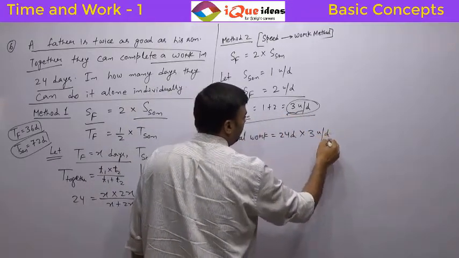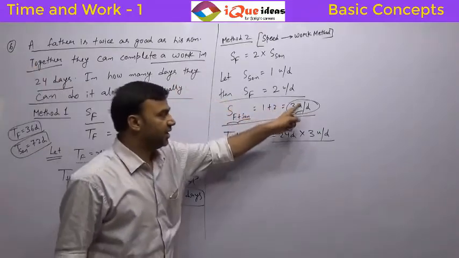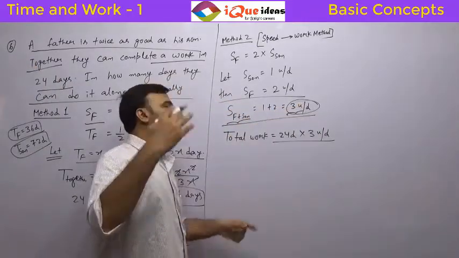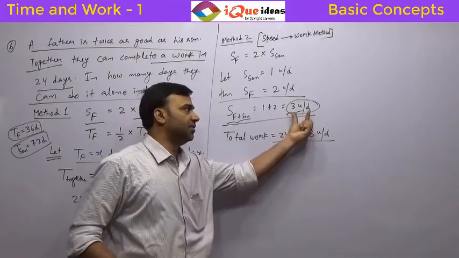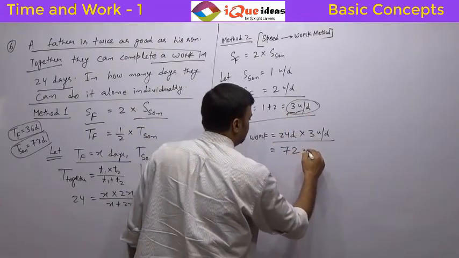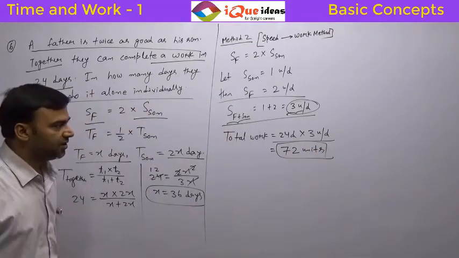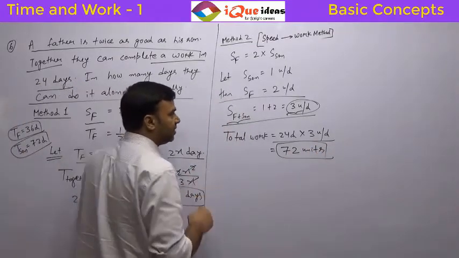See, remember, they are working for 24 days together and the together speed is 3 units per day. So what would be the work for which they would take 24 days, working 3 units per day? So that will give us 24 into 3, that is 72 units. So the total work in this case is 72 units, and together they can finish in 24 days.